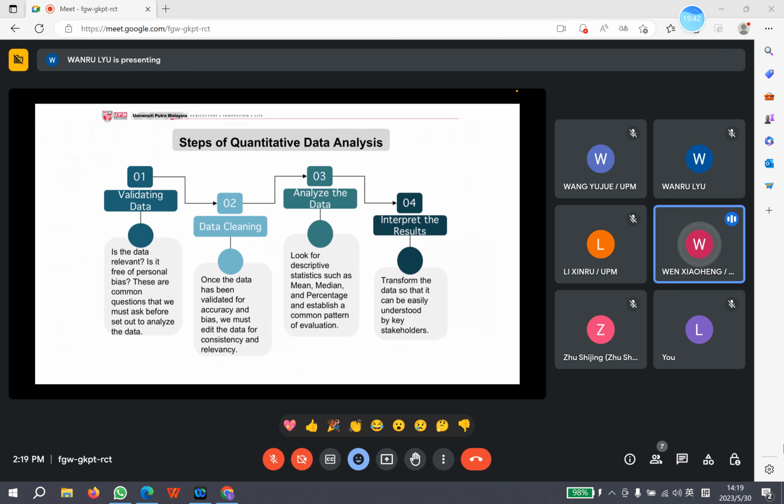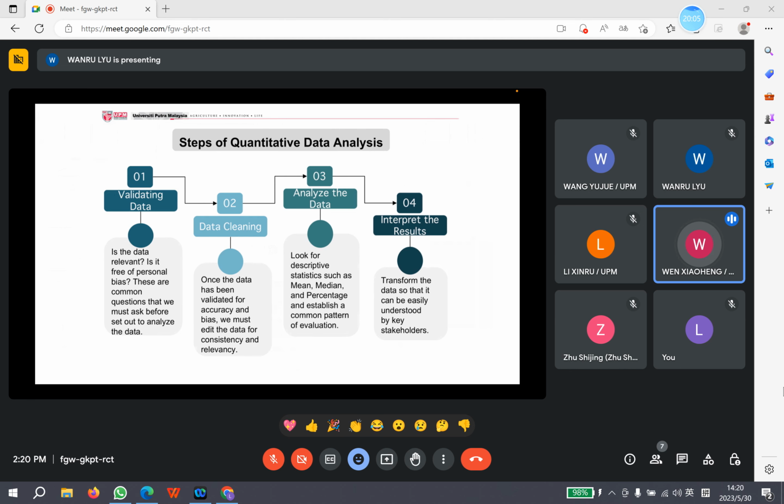After that, we move on to the second step, which is data cleaning. Once the data has been validated for accuracy and bias, we must edit the data for consistency and relevancy.